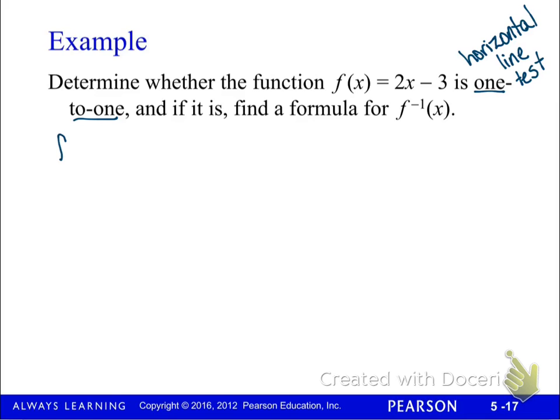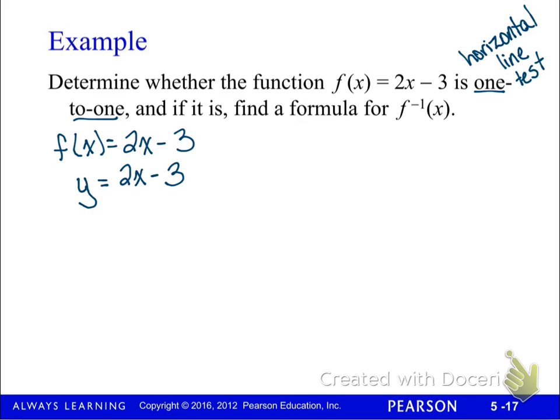So I am going to go through our steps. We have f of x equals 2x minus 3. Our first step in finding the inverse of this function is to replace f of x with y. So I am going to rewrite this as y equals 2x minus 3. All I have done is take out that f of x and replace it with the y.